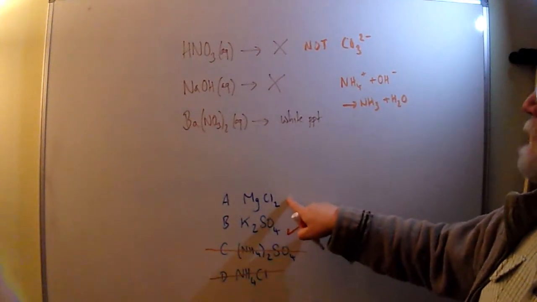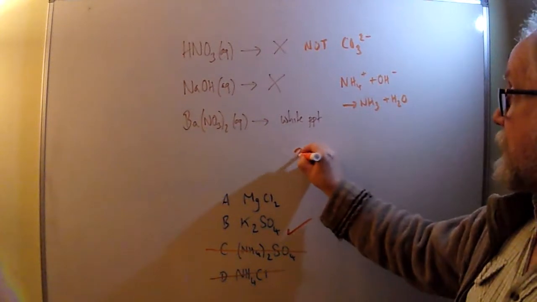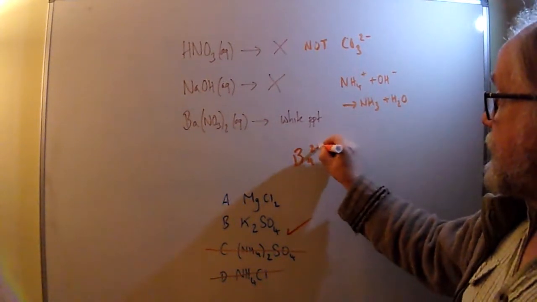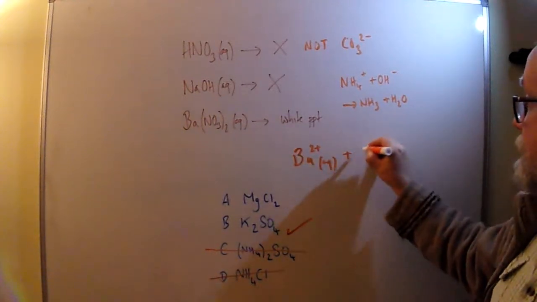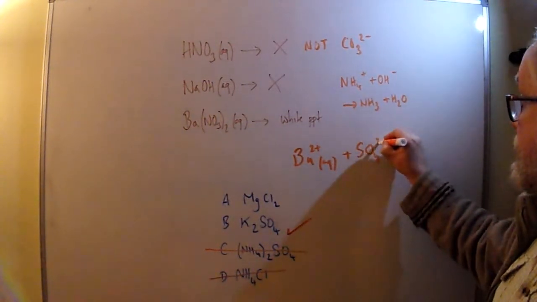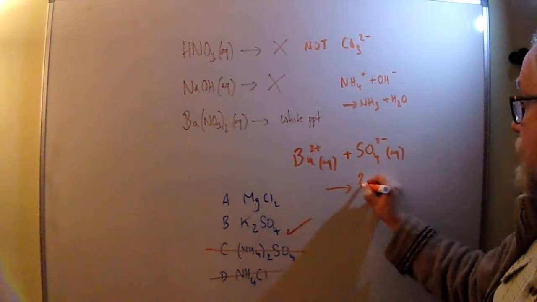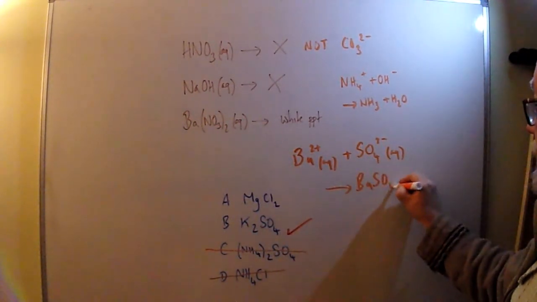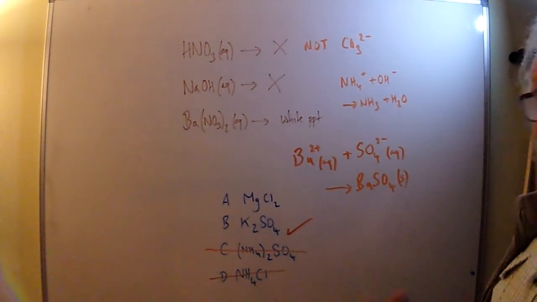That one would not react because barium chloride is soluble, but barium sulfate is insoluble, so you get this reaction that the aqueous barium 2+ from the barium nitrate meets the aqueous sulfate from the potassium sulfate, and you get solid barium sulfate forming. So that's the sulfate test which you need to know, and therefore the answer is B.